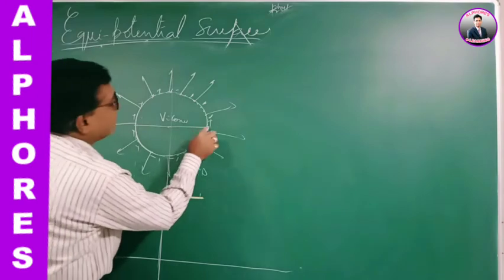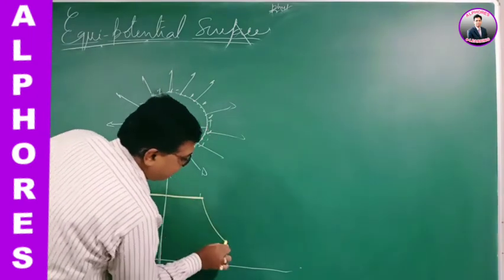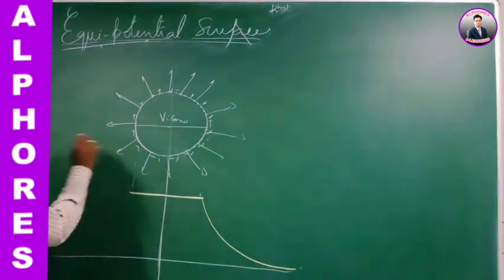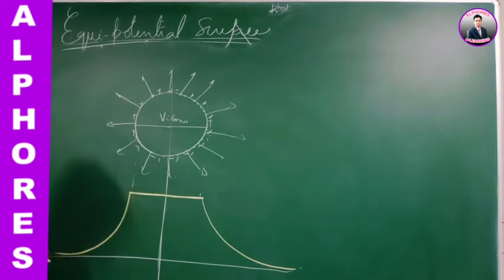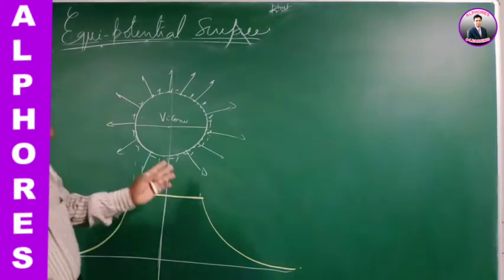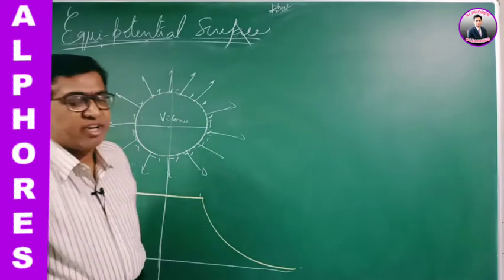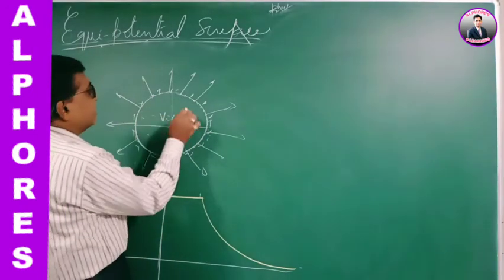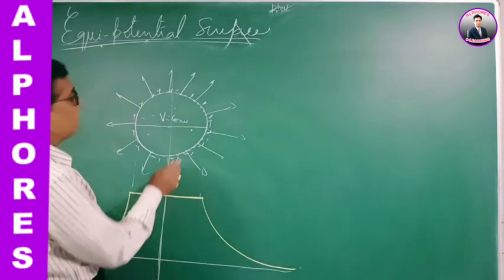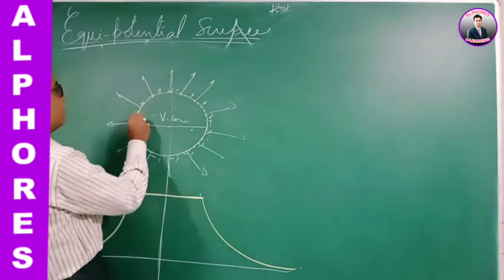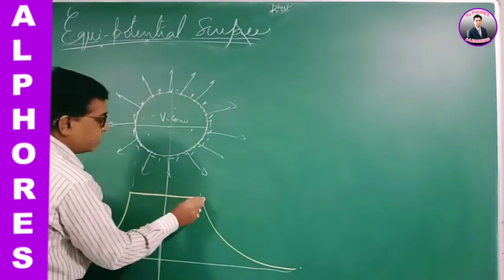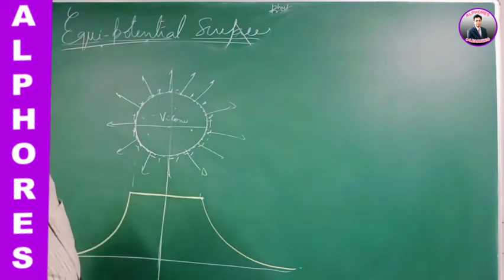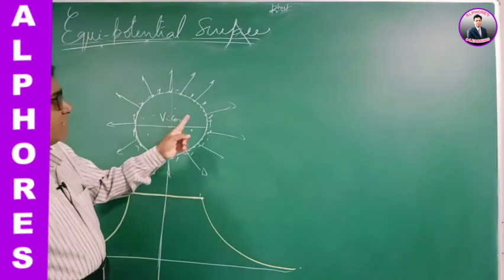Well, outside, the potential reduces like this. For a positive charge, the potential decreases as a rectangular parabola, following the inverse law. At all the points inside, the potential is the same, and at all the points on the surface of the metal conductor, the potential is also constant.